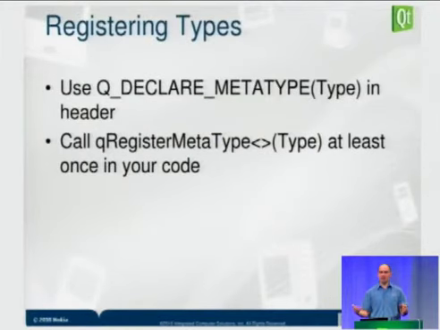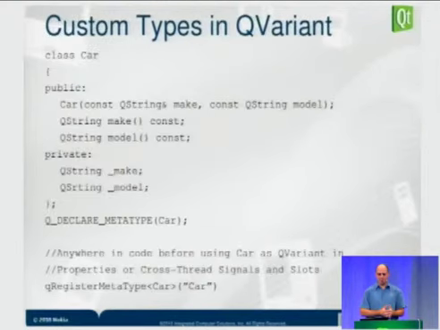So here's an example of a car class. The car class is very simple. It has a make, a model, and a couple of get functions. In the declaration, immediately after, we simply say Q_DECLARE_METATYPE and give it our type name. This is going to expand into a lot of template code that is going to handle converting your type to QVariant and converting it back from QVariant.